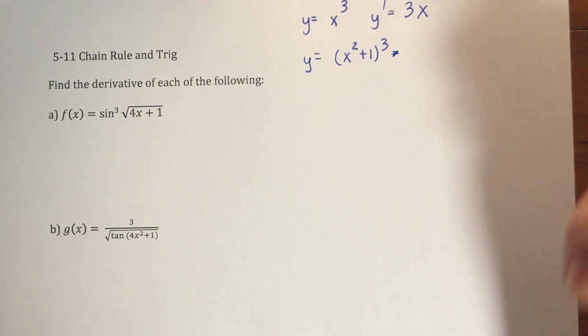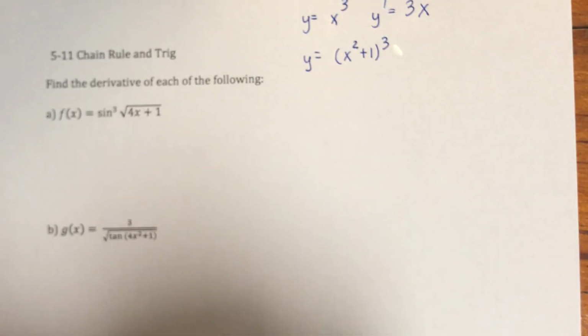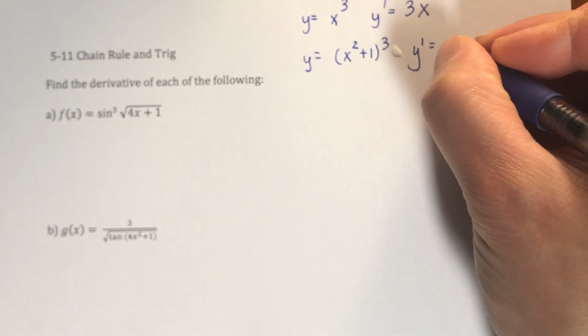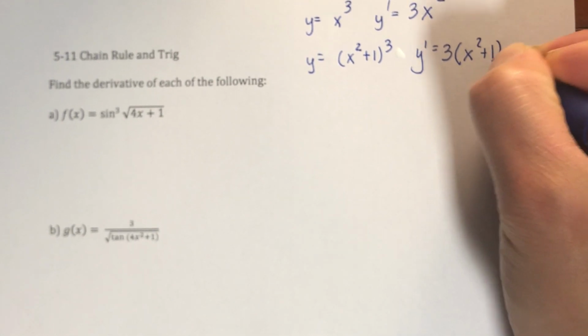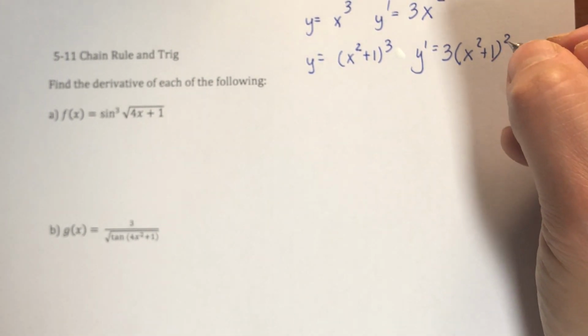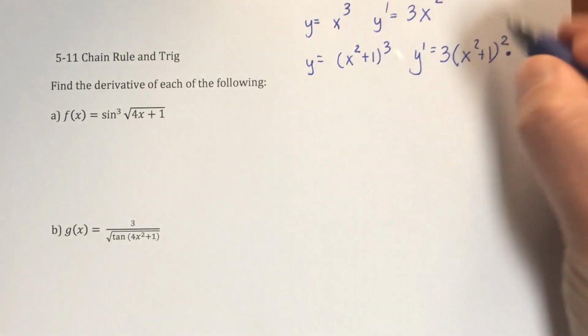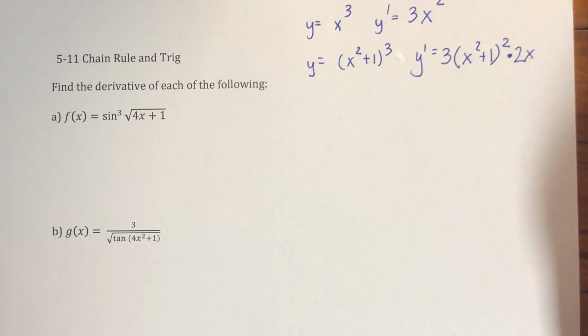Well, if I wanted to find the derivative, I would say, okay, I will put the 3 right there. I am not going to change this. I'm going to raise it to the power of 2, and then I am going to multiply it by the derivative of the inside. And then you can clean it up and then go from there.